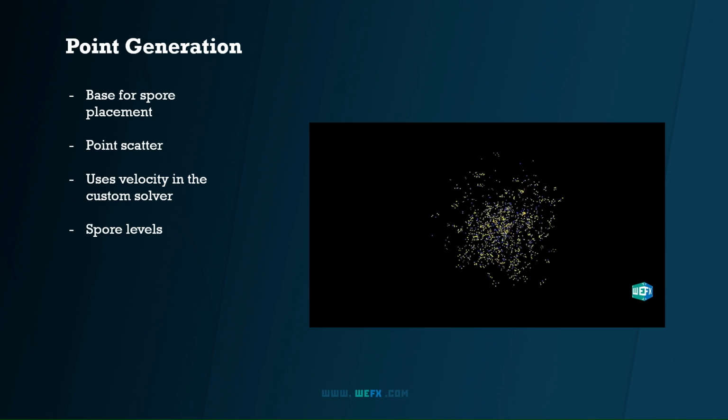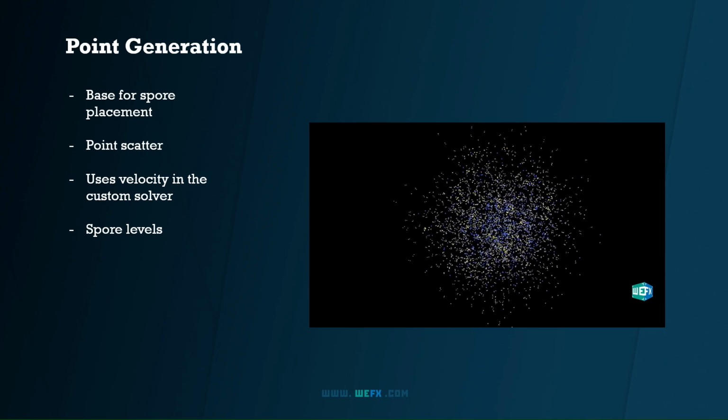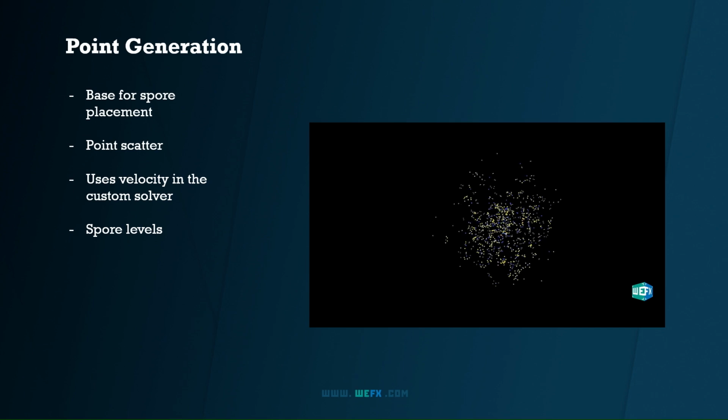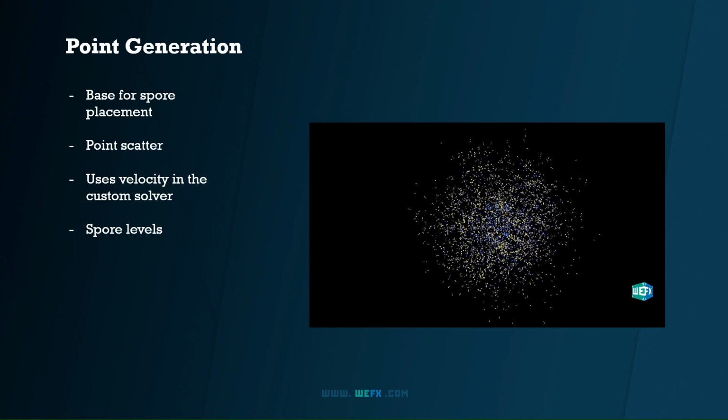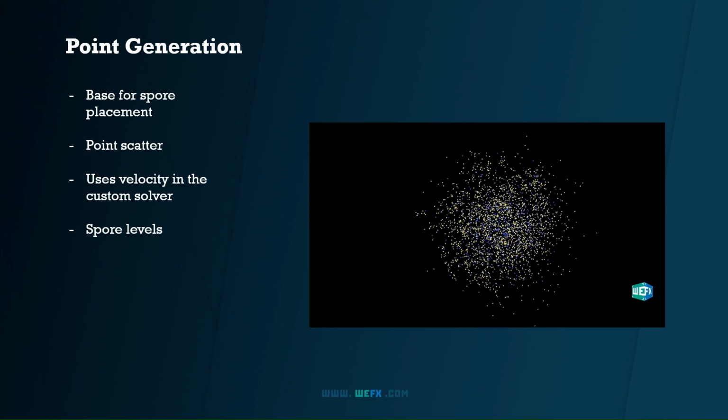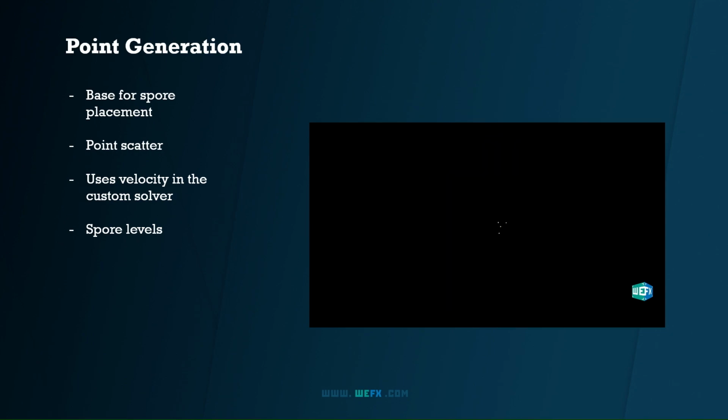And using a custom solver to drive the positions of these points, we propelled the points outwards, and they took their positions. And then after that, we introduced more attributes to control the scale of the spores, the speed of them, and also how far they go. And everything worked together as one set of nodes.